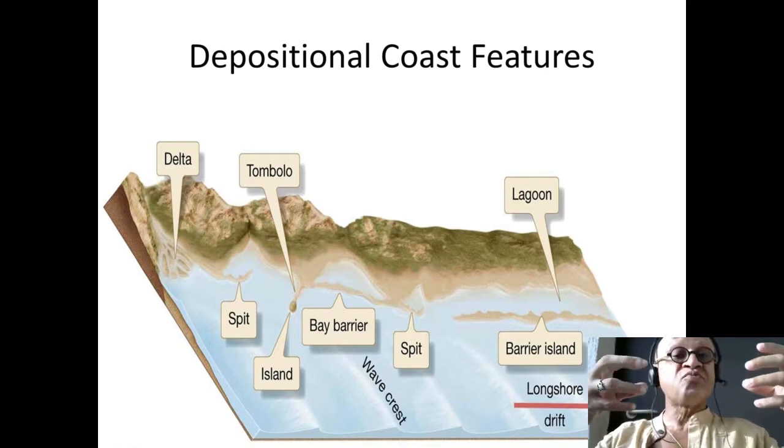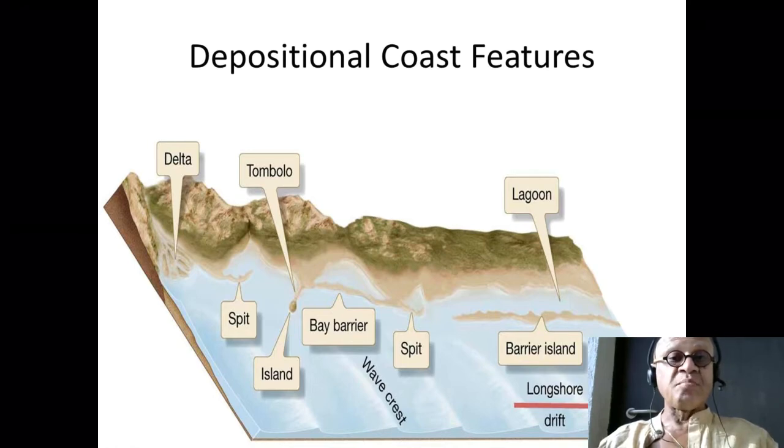So as soon as you provide some surface, a bird might come and deposit some seeds, and grass may begin to grow, or a little plant. Then chemical weathering happens, soil gets formed, and so on and so forth. These take a long time, but nonetheless a barrier island may get formed, forming a lagoon behind.